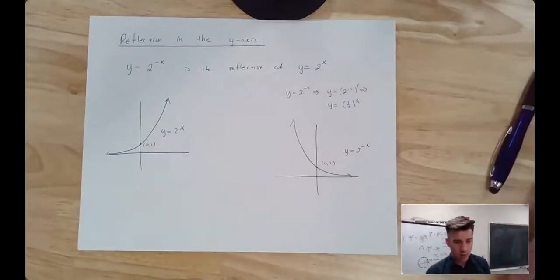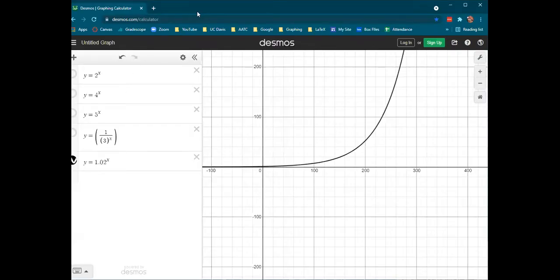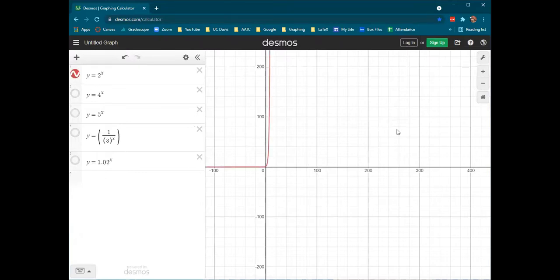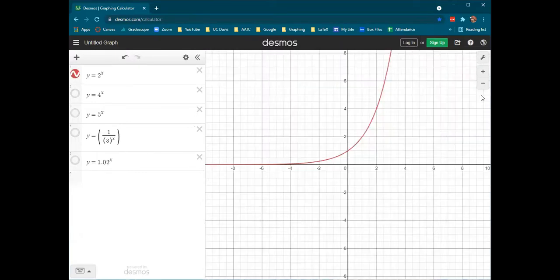You can also see it on the good old Desmos, right? Click the home button, it recenters you with the usual screen. If I do y equals 2 to the negative x, oh, look, those are exactly symmetric to each other, right?